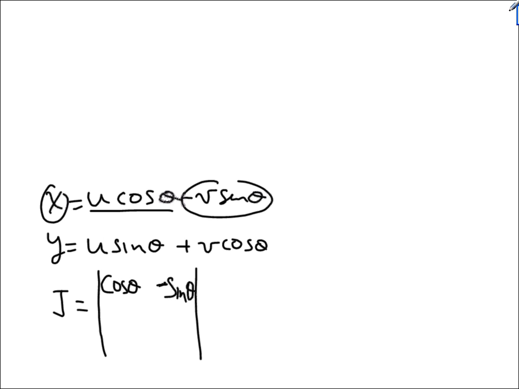Remember, cosine theta and sine theta are constants in terms of u and v. Partial of y with respect to u: u times the constant, the derivative is the constant. Here's a function of v. Partial of y with respect to v would be cosine theta.